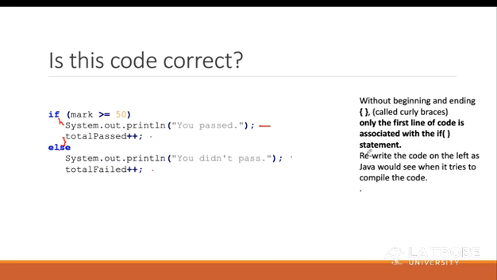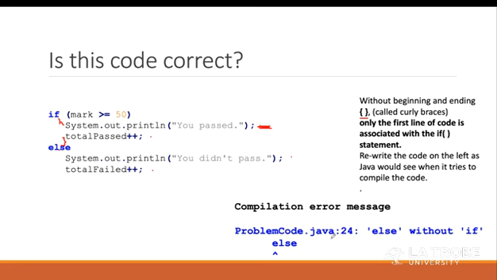Without the beginning and ending curly brackets, only the first line of code is associated with the if statement, and it will give you the error saying else without an if, because you have one more statement before else which doesn't belong to this if. If and else should be together.